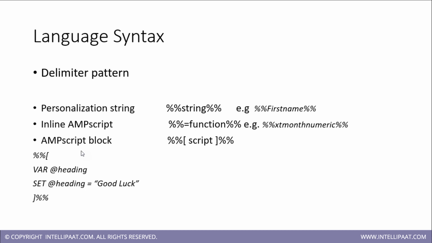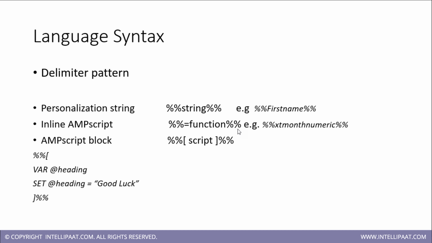But if you don't want, nothing will get printed on the email. If you just simply type the first one, nothing will get printed on the email. But if you type the second inline AMP script, in that case it will print the results on the email or screen. So that was about the syntax for all three types.